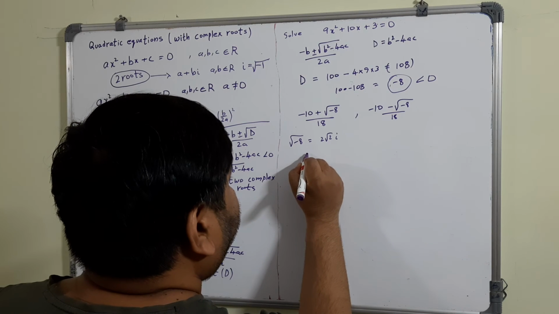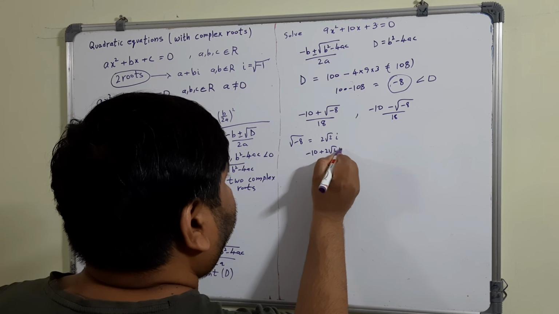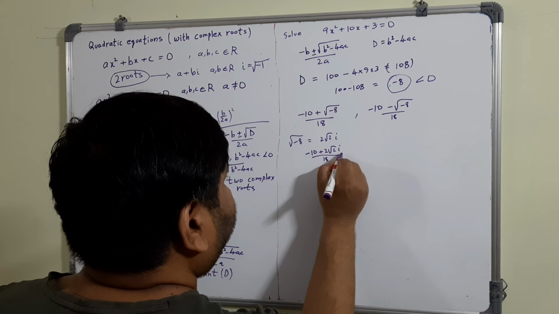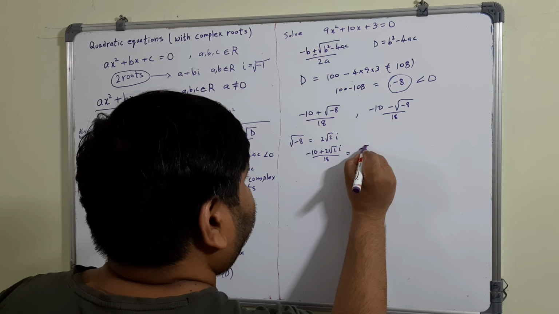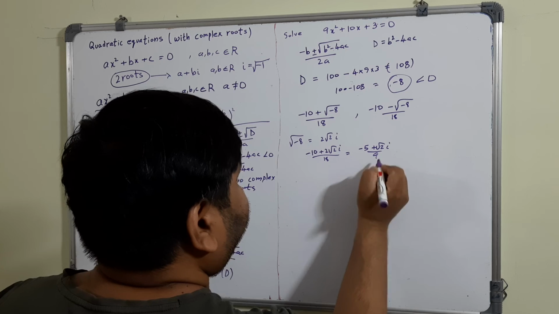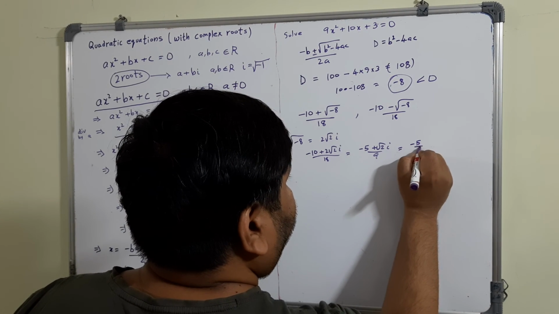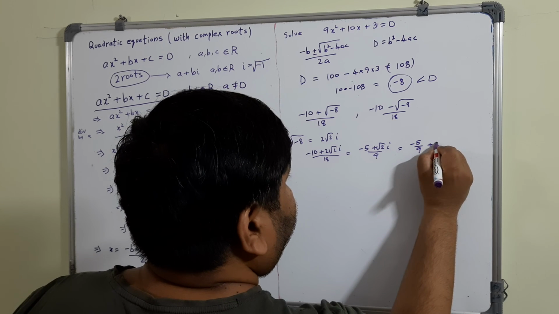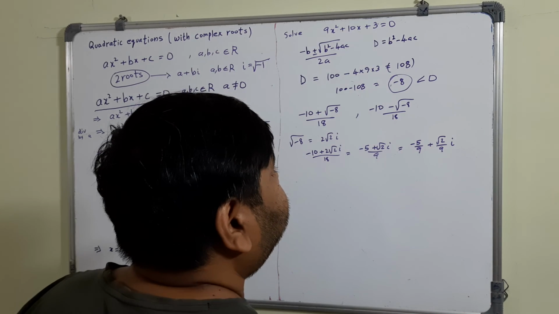So the first root will be minus 10 plus 2 root 2i by 18, equal to minus 5 plus root 2i by 9, or minus 5 by 9 plus root 2 by 9 i.